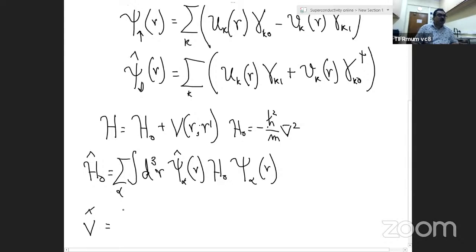So in the second quantized form, this will be something that will have four operators.